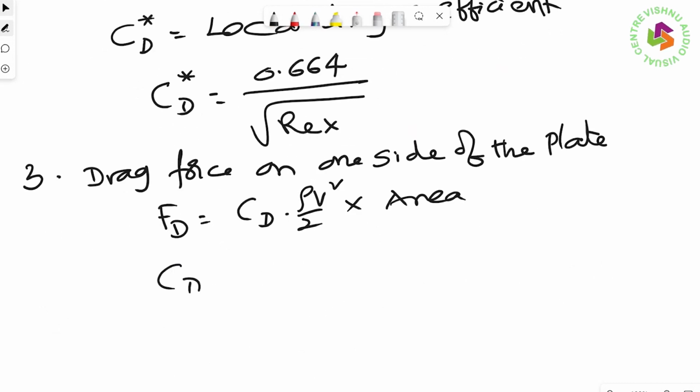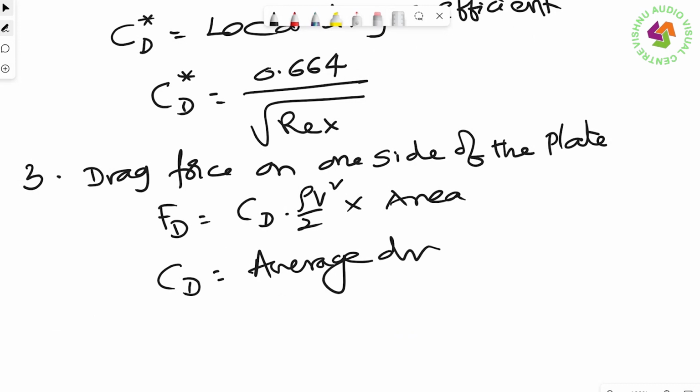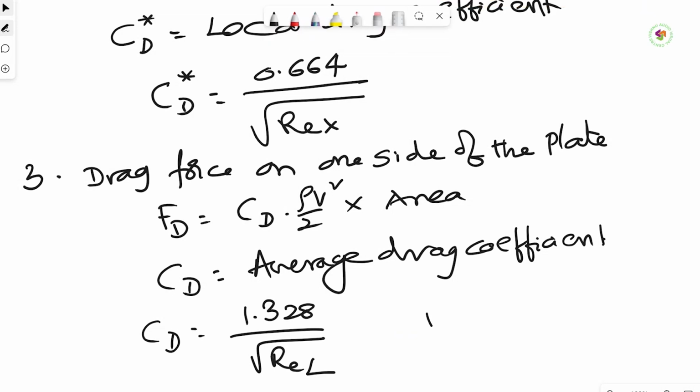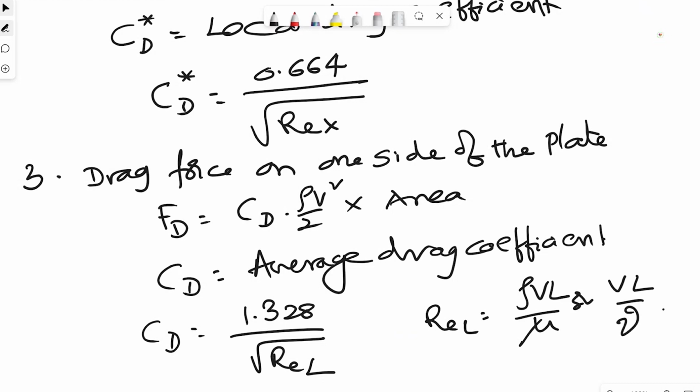CD is called the average drag coefficient. CD is equal to 1.328 divided by root ReL, and ReL is equal to rho VL by mu, or basically VL by nu.